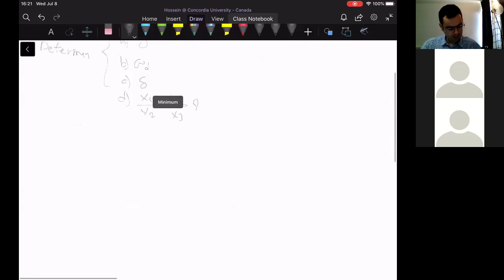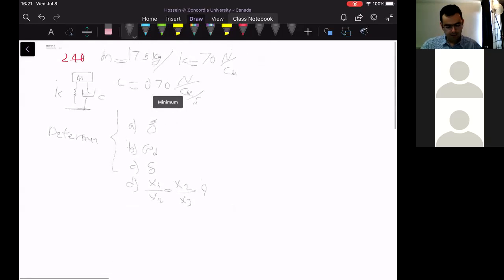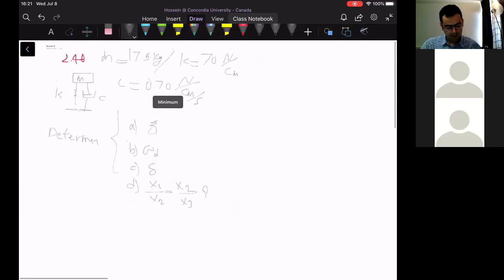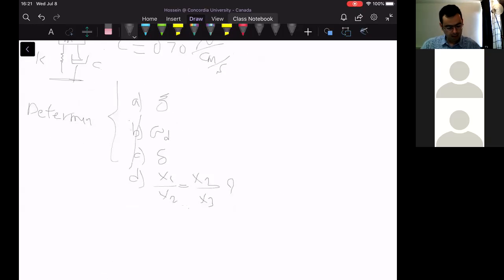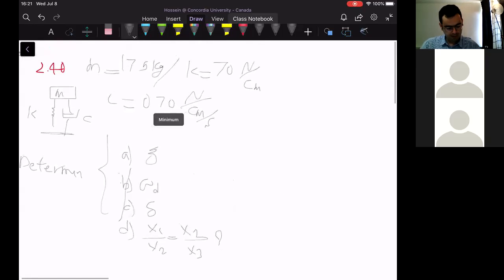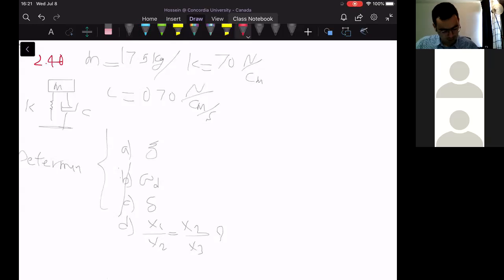At first, if you take a look here, the stiffness and damping coefficient are not represented in SI units. So you have to change them to Newton per meter. You have to multiply by centimeter over meter. Each meter corresponds to 100 centimeters, right? Therefore it is equal to 7,000 Newton per meter.